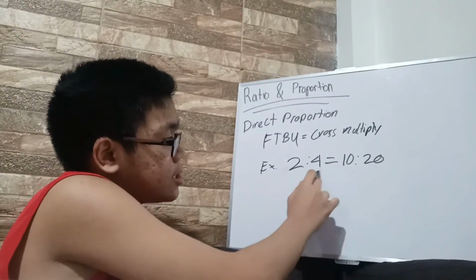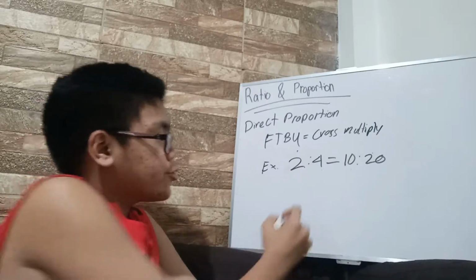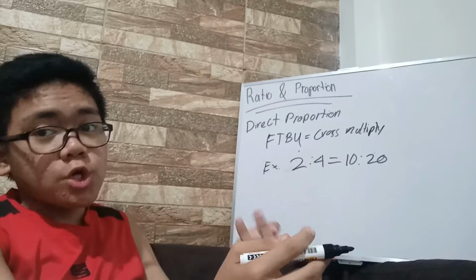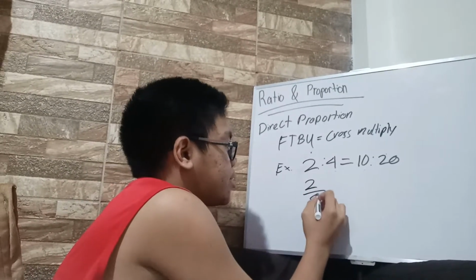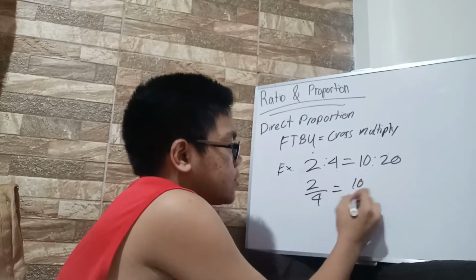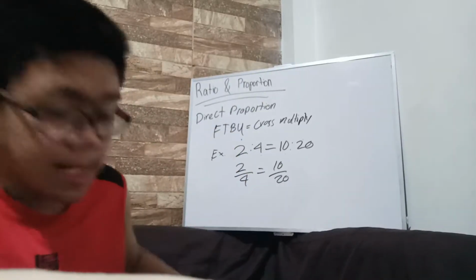This is the means, this is the extremes. So if it's a proportion, we will put it in fraction form: 2 is to 4, 10 is to 20. So yan po, example yan.